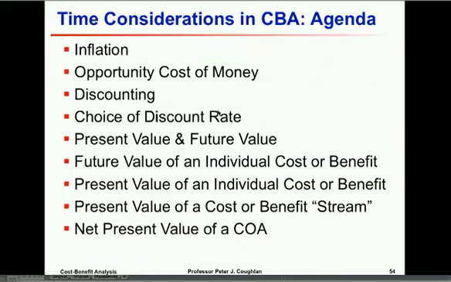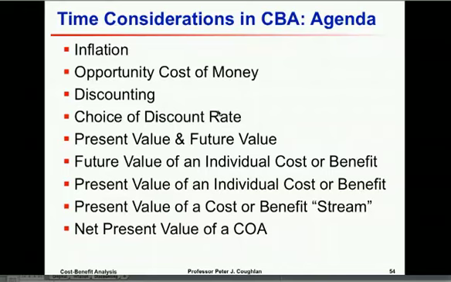The first is inflation, changes in the purchasing power of money over time. The second is the opportunity cost of money. Even with no inflation, you would rather have $1,000 today than $1,000 a year from now, because of the additional benefit you could get from using it for consumption now, buying the TV now as opposed to next year, or investing it and getting a return in the meantime.